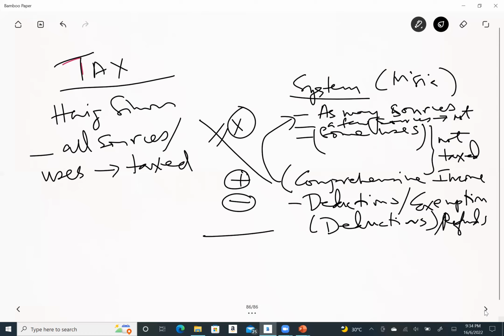And then you come up with the taxable income. All right, taxable income. So the income that is taxed is what you call taxable income.